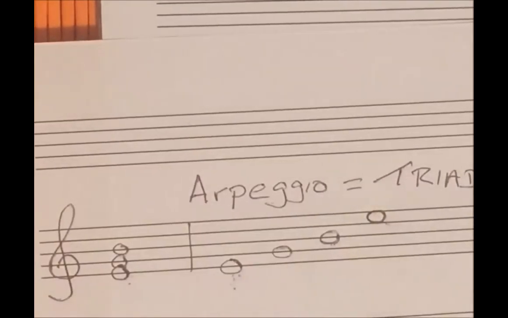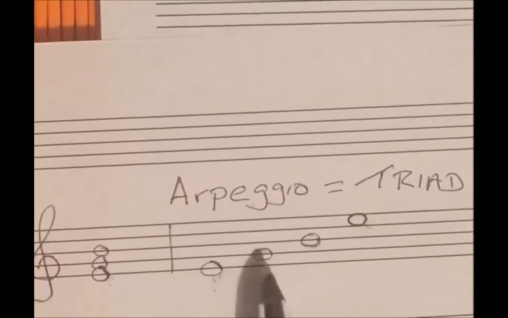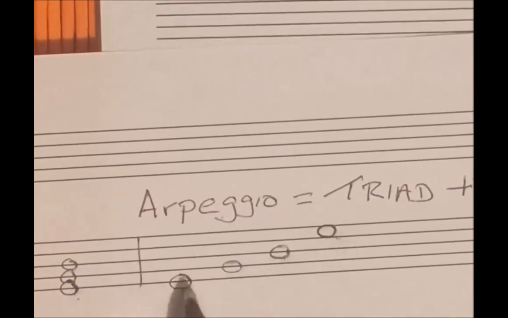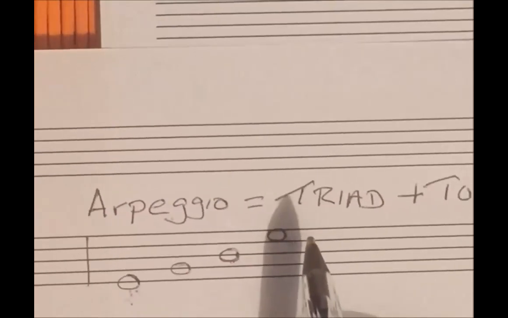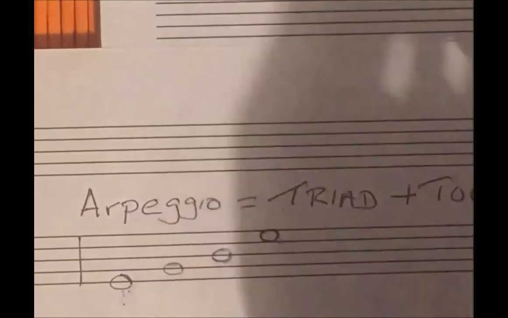In your page 31, it says to do an arpeggio going up, then down. So we have an arpeggio going up. Can you see it's going up? To make it go down, I'm going to take this note and do it again here.